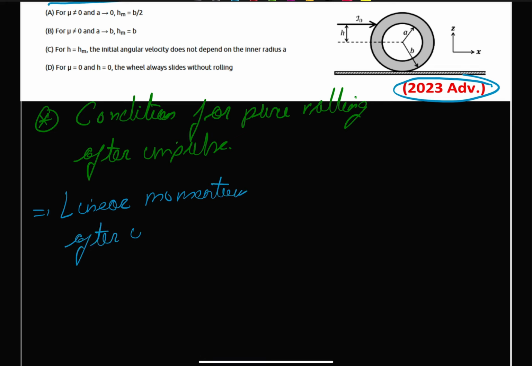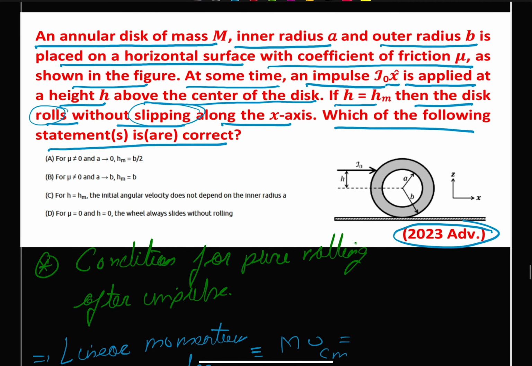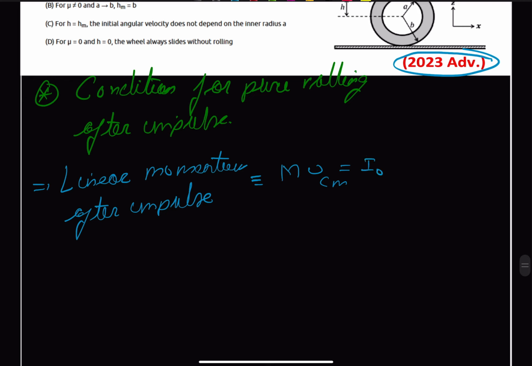After impulse, so we can say our mass into velocity of our center of mass will be equal to our J naught, and from here we can say that velocity of center of mass is equal to J naught upon m.